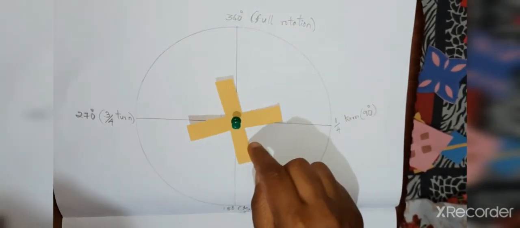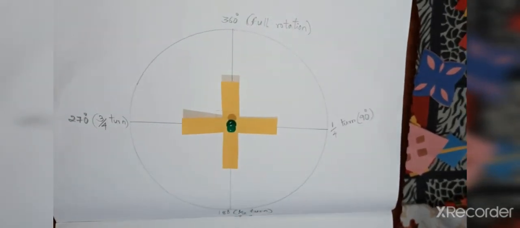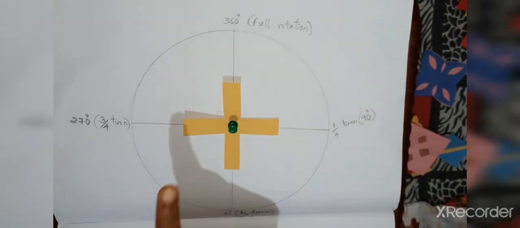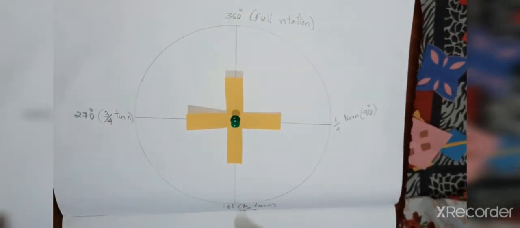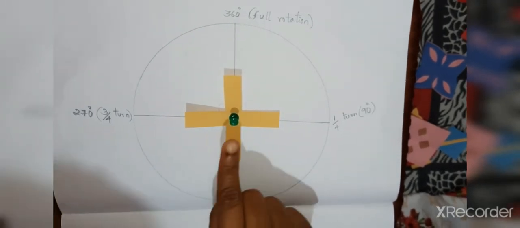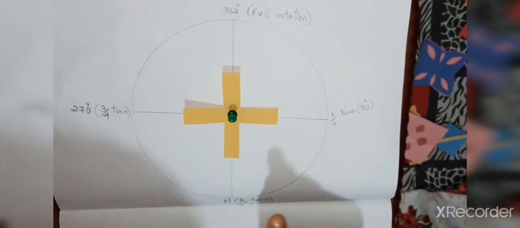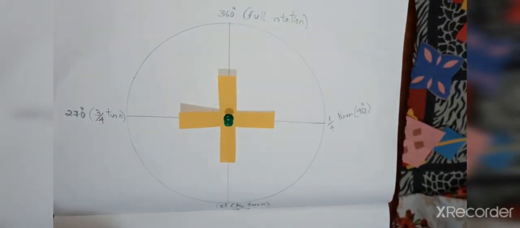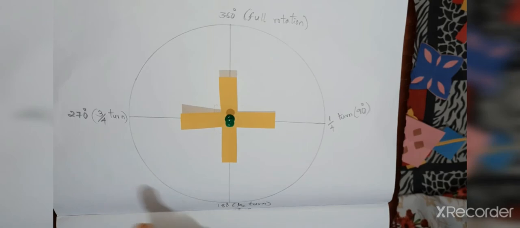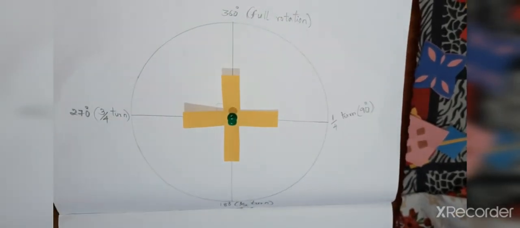And if I complete one full rotation, it is looking the same. That means this figure shows order of rotation as 4. So it is looking the same at 1/4 turn, half turn, 3/4 turn as well as full rotation. 90 degree, 180 degree, 270 degree as well as at 360 degree.